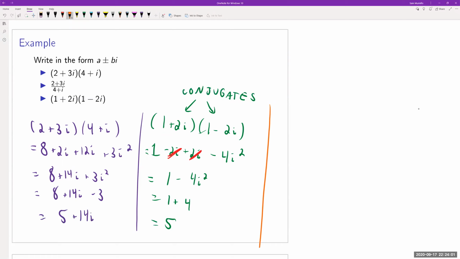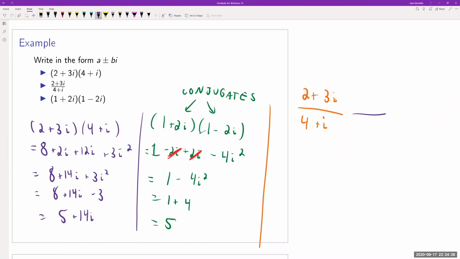We are going to apply this technique to clear the denominator in this problem. 4 plus i in the denominator is not inherently a problem, but the question asks us to write in the form of a plus bi, which means I don't want anything in my denominator. So we're going to need to fix this by multiplying by the conjugate.